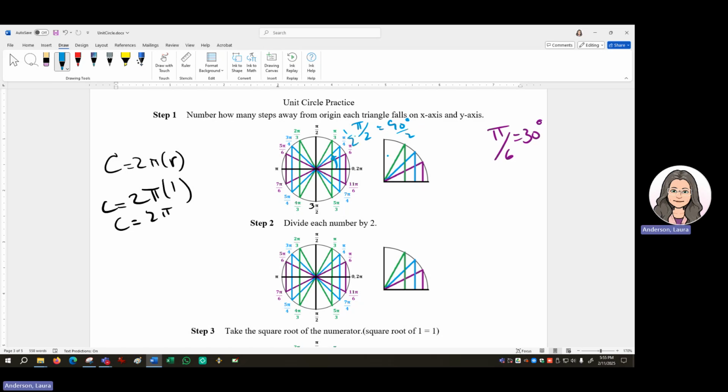So 45 equals pi over 4. If we look around the circle, we have this little blue bow tie. Every one of these triangles formed with the x-axis is 45 degrees away from the axis and makes a matching triangle. And it's this triangle right here.